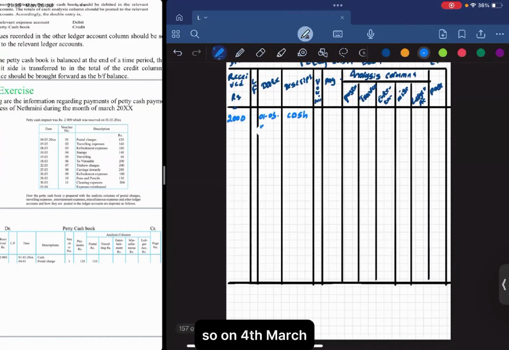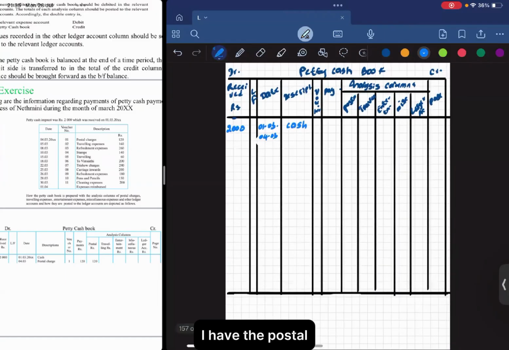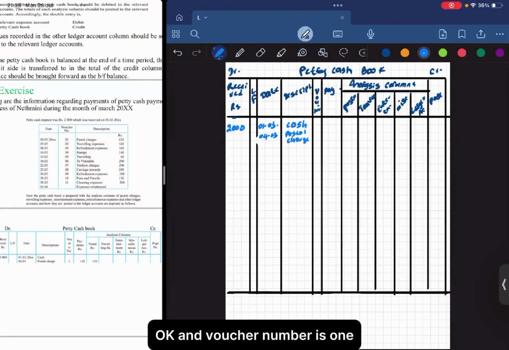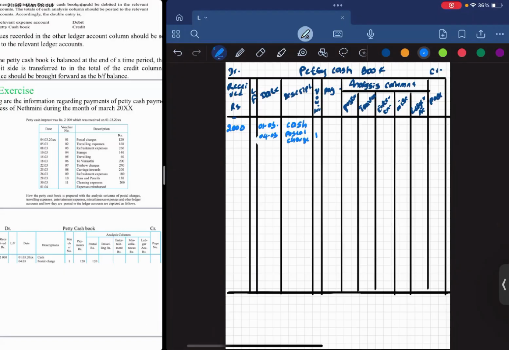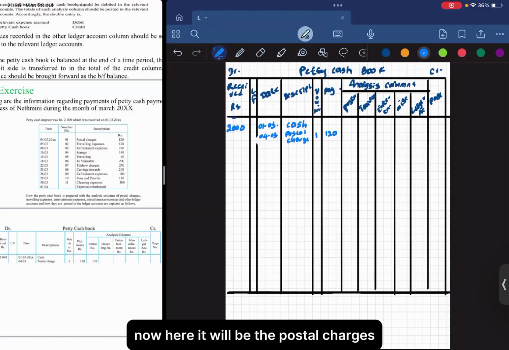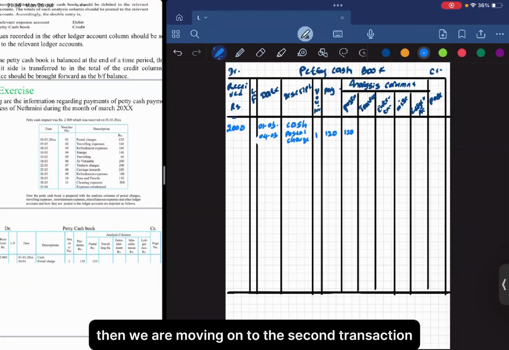So on 4th March I have the postal charge, and the voucher number is 1, amount 120, and I have to include it in the respective analysis column. Here it will be the postal charges column. Then we are moving on to the second transaction.